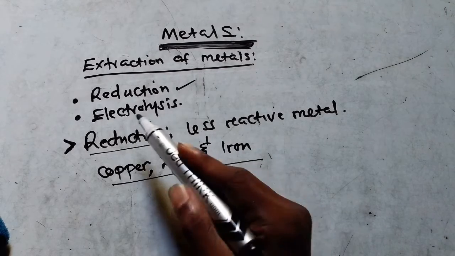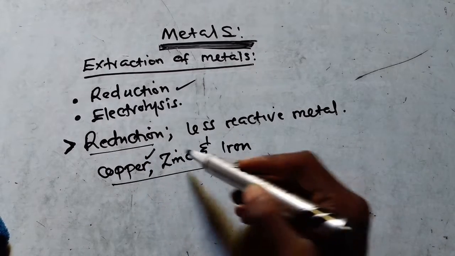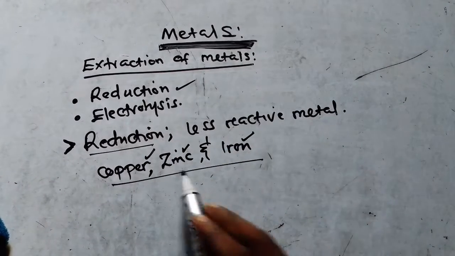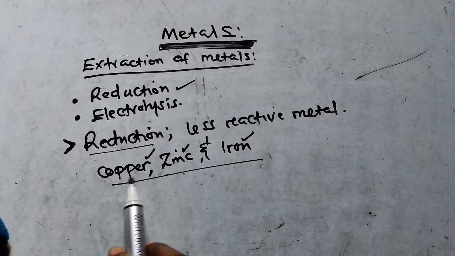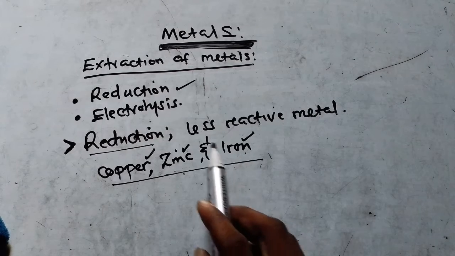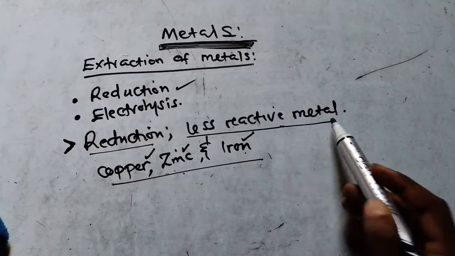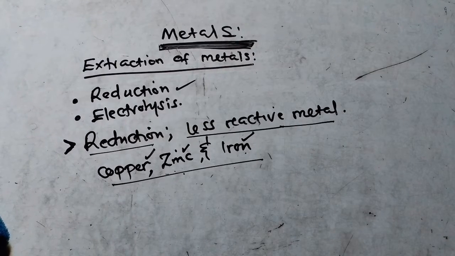Why are we using reduction when extracting zinc, copper, and iron? Because copper, zinc, and iron are less reactive metals.